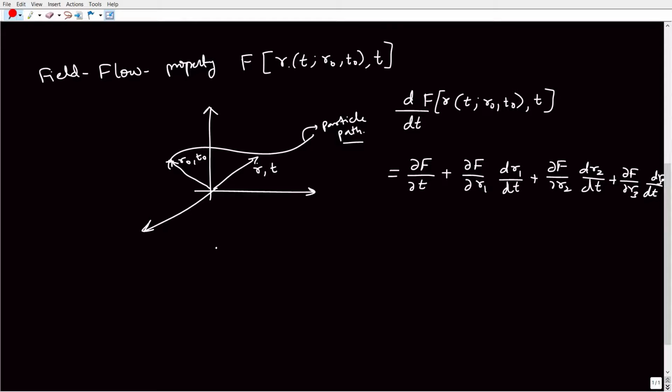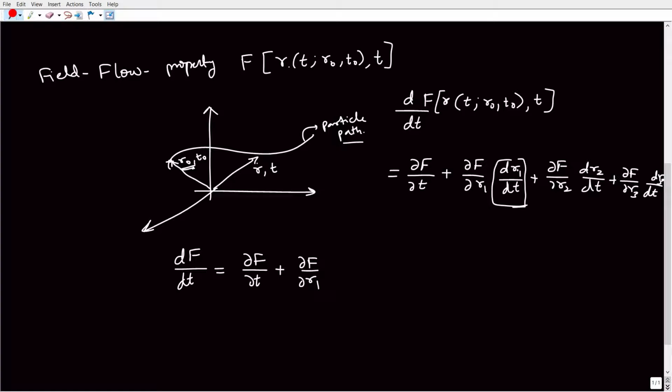So r is just the position vector, right?